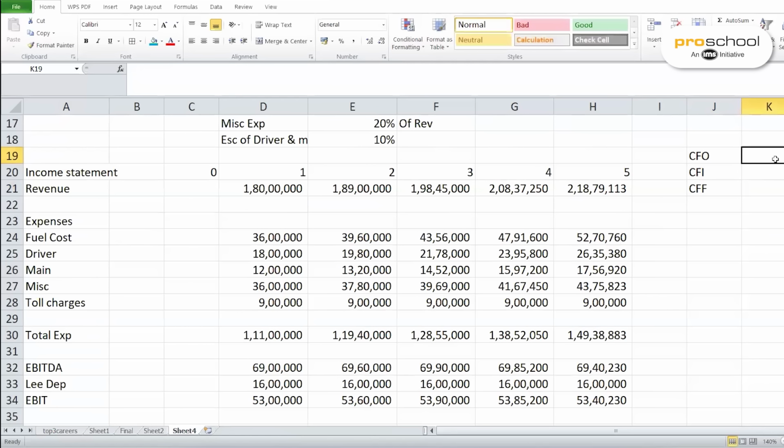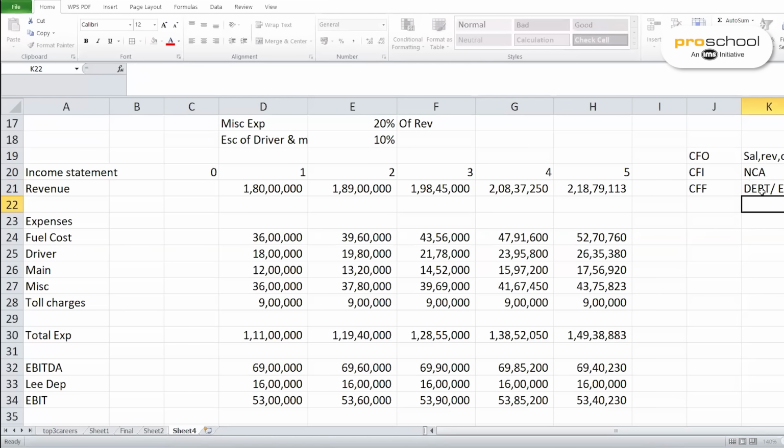In operating activity, we take things like salary, revenue, operating expenses, all those things. In investing activity, we take our non-current assets, purchase and sale. In the financing activity, we take our debt and equity.